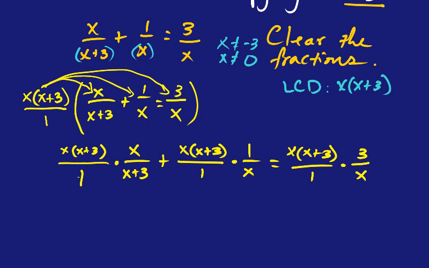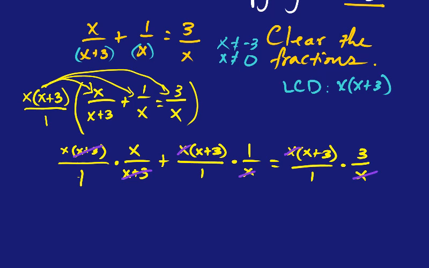Now if you notice, each pairing of fractions, as they're multiplied together, we should be able to reduce something. So the x plus 3's reduce here. Over here the x's reduce, and also over here the x's reduce.